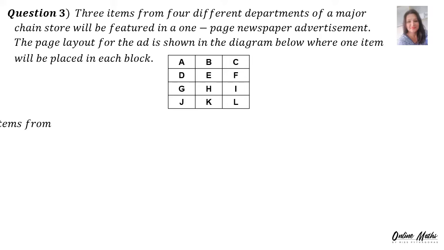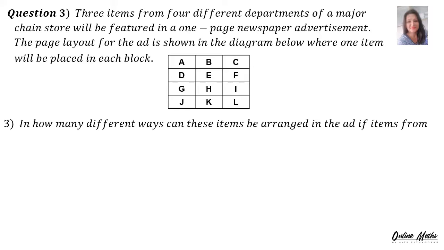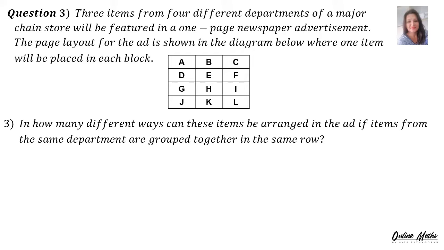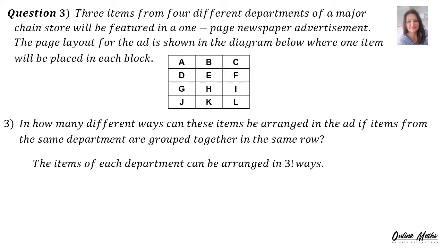Now question 3 continues here. Number 3. In how many different ways can these items be arranged in the ad if items from the same department are grouped together in the same row? Now this means the items of each department can be arranged in 3 factorial ways. Now, if you look at the sketch, you can see there's A, B, and C. That means 3 factorial.